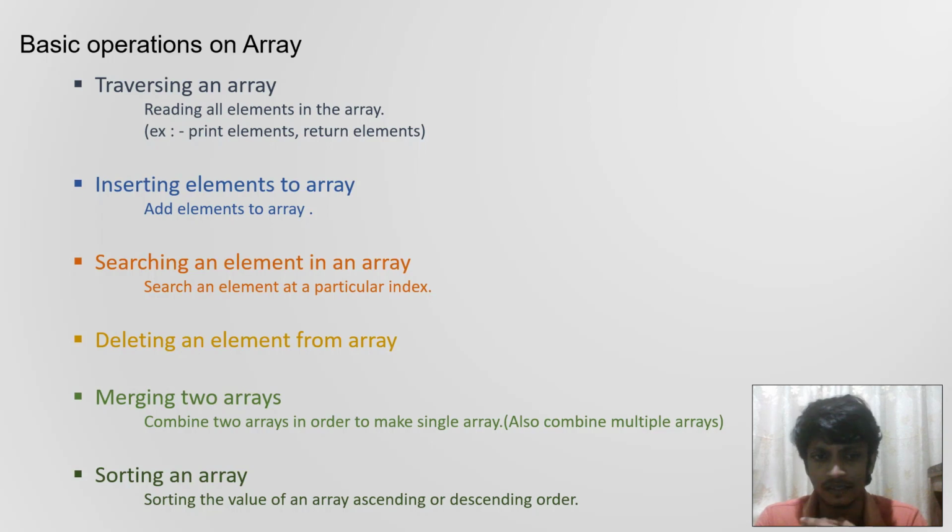And the last thing is sorting an array, which means sorting the values of an array in ascending or descending order. Basically it's another way to output values and create a new array. That's kind of complicated for this level, but I will show you how to do it in a later episode. Make sure those are the things that we are going to learn in the future.